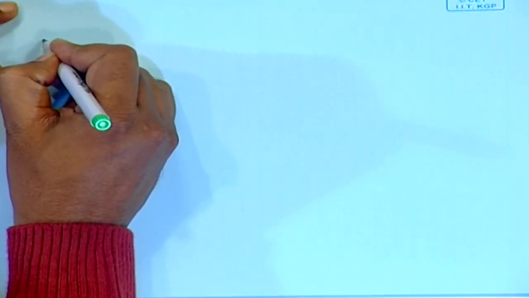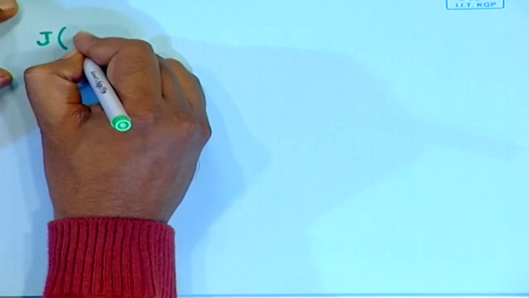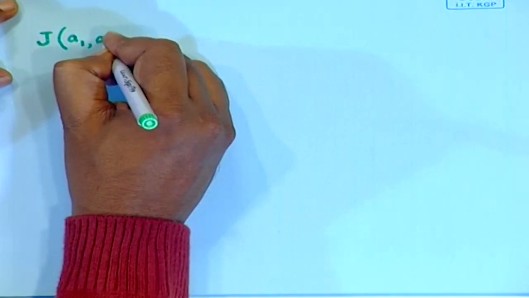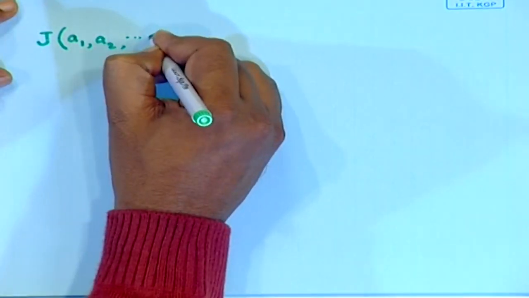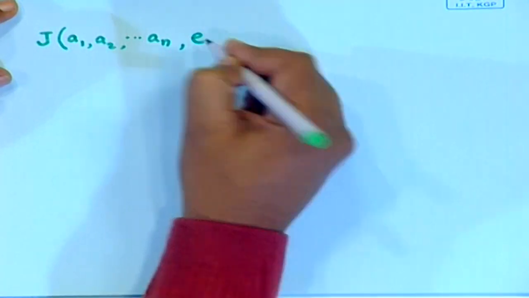So taking all these points together, I can define an error function or a criteria function. The usual way to represent it is by J. Obviously, it will be a function of a1, a2 up to an, and also a function of the direction of the line, which is e.